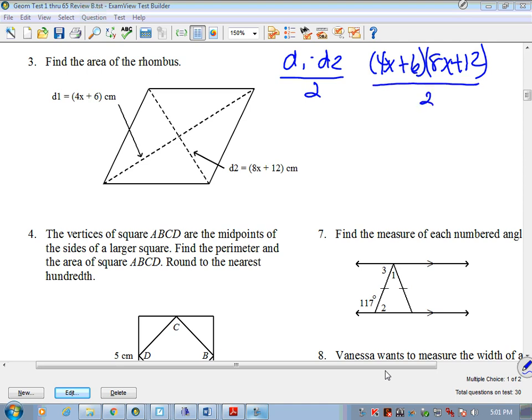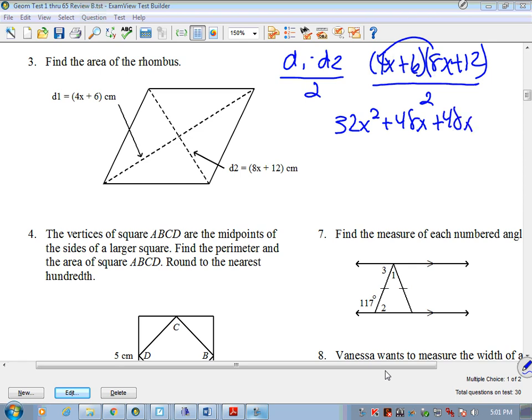So 4 times 8, what do we get there? We should get 32x squared. Then we get 4x times 12, which is 48x. 6 times 8, that's 48x.